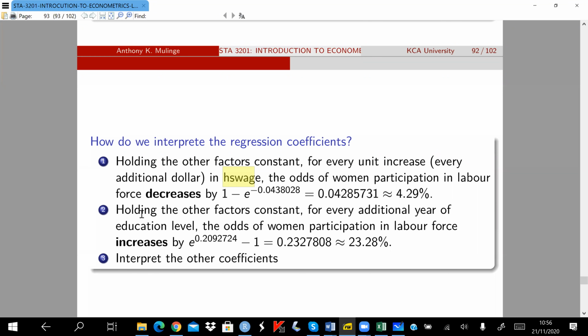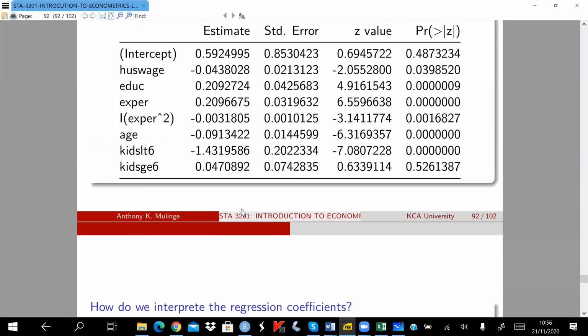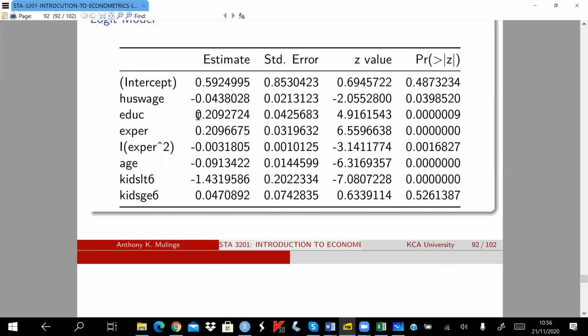Then number 2, we can say that holding the other factors constant, for every additional year of education level, we are interpreting the education level of the women, the odds of women participation in labor force increase. If you look here, the coefficient is positive. That means there's a positive relationship between education level and the participation of women in labor force.